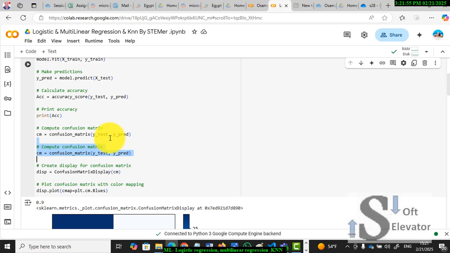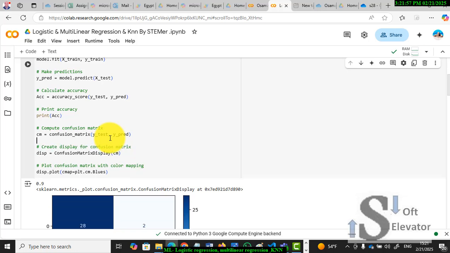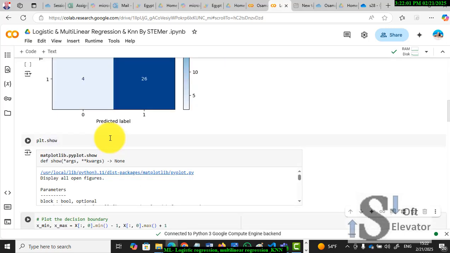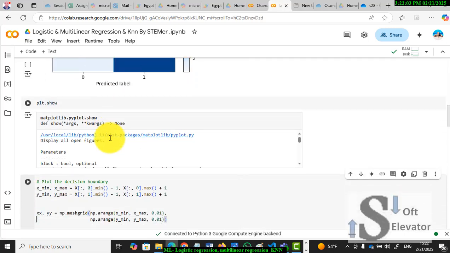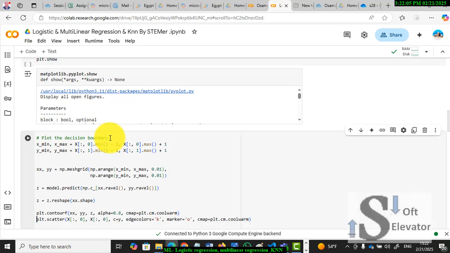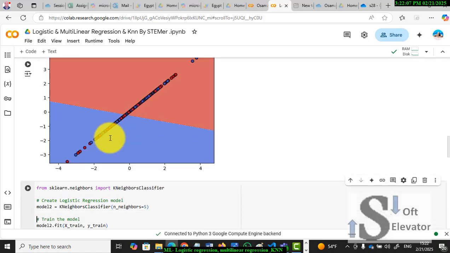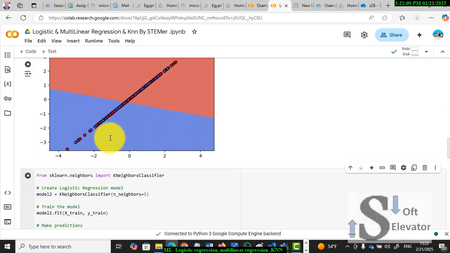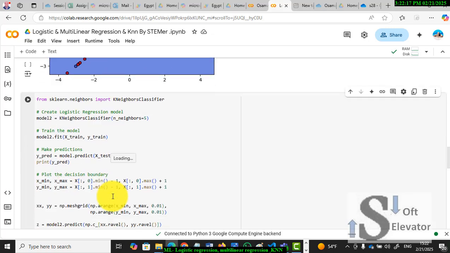Okay. With the same display plot, and then the plotting here, and then we will use this data also to reshape. Then for the KNN, K nearest neighbor classifier, we use it for these other functions.